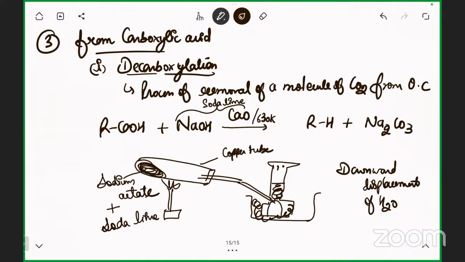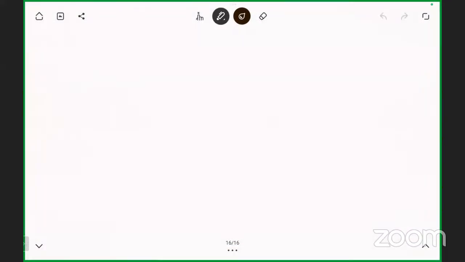Okay, so let's discuss the example. We have to form the compound. What will happen?